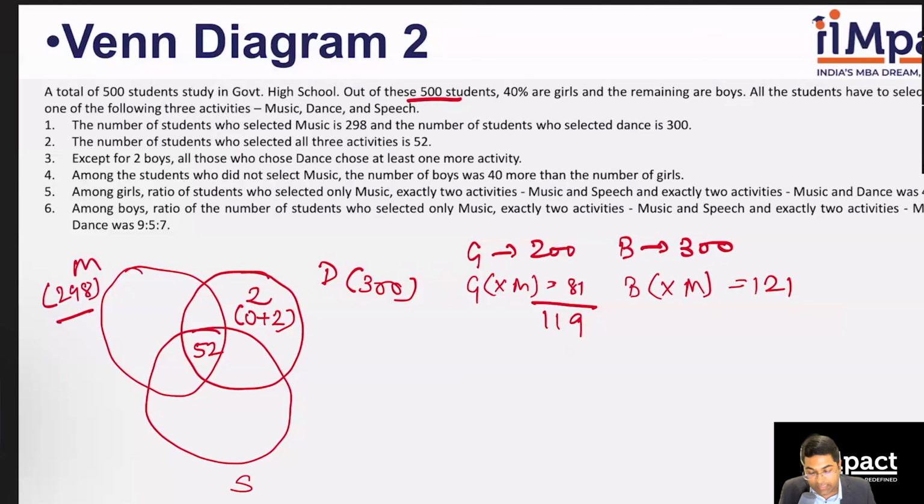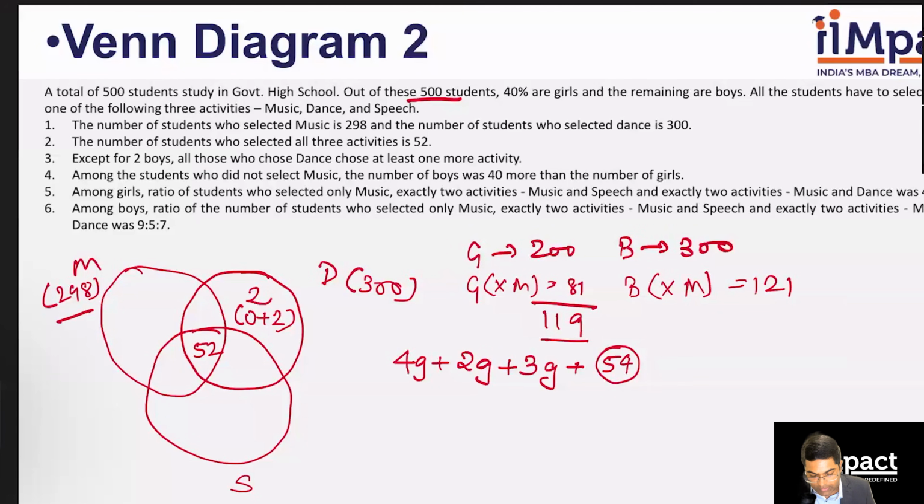Of course, there will be an element within the 52 as well, which will be of girls. Don't forget that. So let's take this as 4G plus 2G plus 3G, plus some part of 52, is going to give me 119.